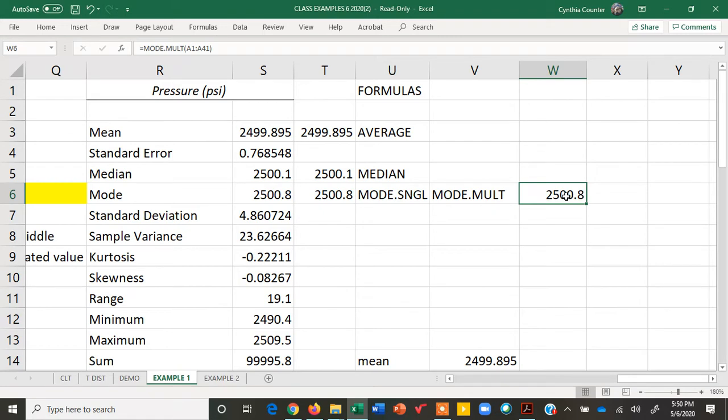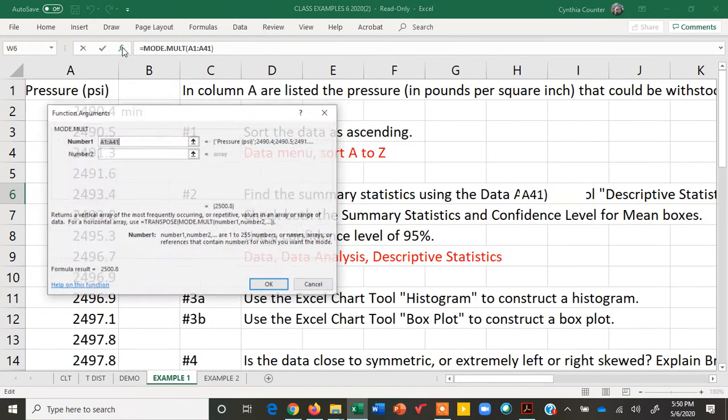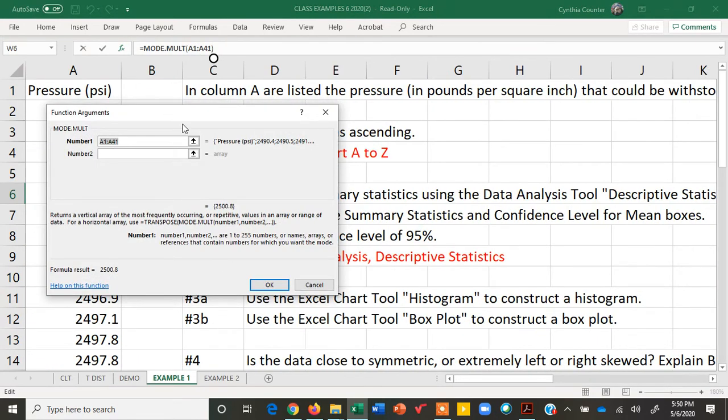Well, would it have put all of them there if there were more than one? Actually not. Let me show you up here where it says mode Mult. If I click on this FX, notice it brings up this wizard input table. Notice here our output is in curly brackets like a set. If there were more than one mode, it would show up here with different commas.